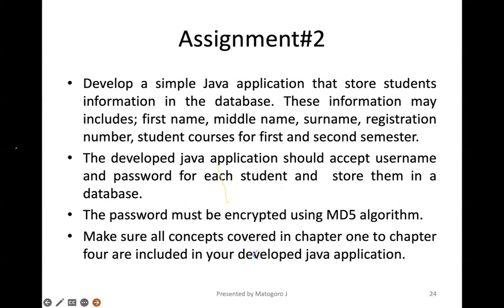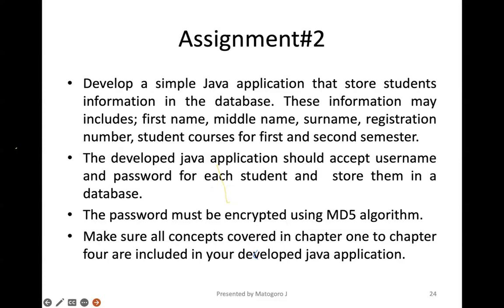Actually, I have already shared some of the group assignments, and some of them were already picked by the computer SNISA and CSDFE, but I know some of the homework has been left for you. In a previous session, I also recommended that you develop a simple Java application that stores information in a database. This information may include first name, middle name, surname, registration number, and student codes for the first and second semester.